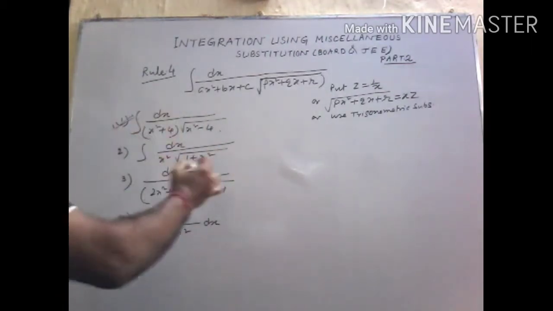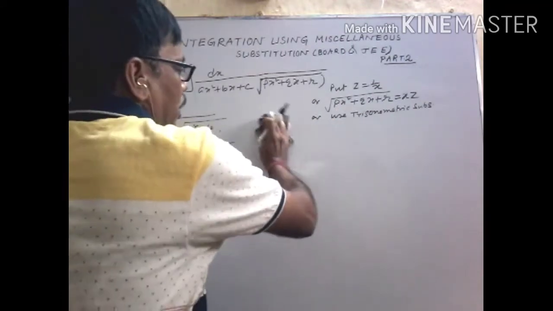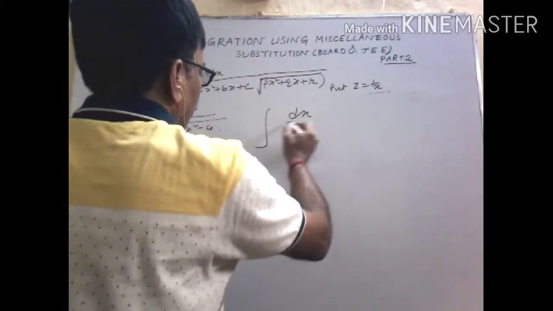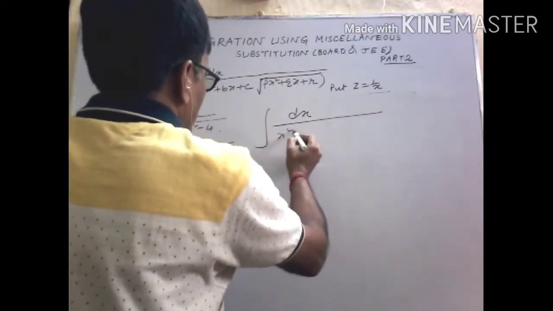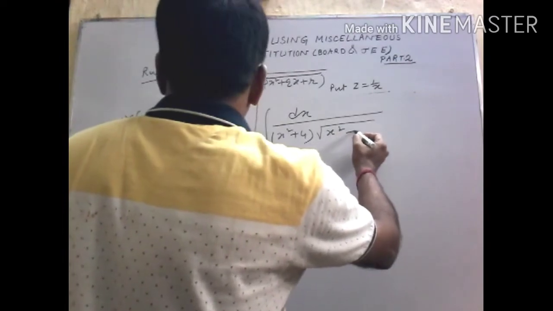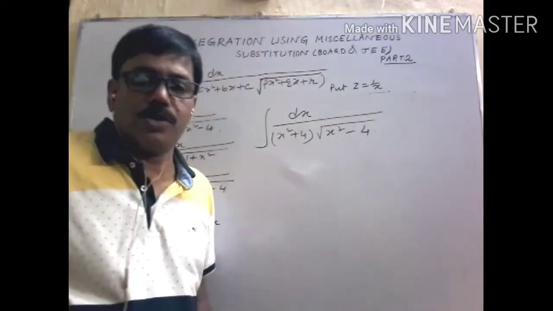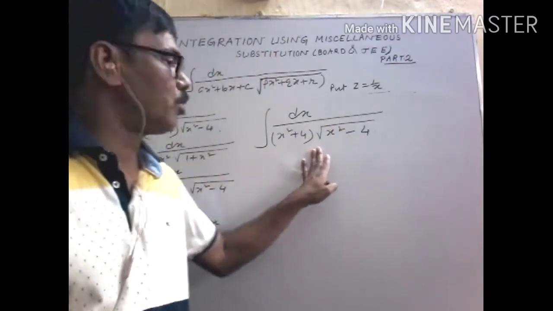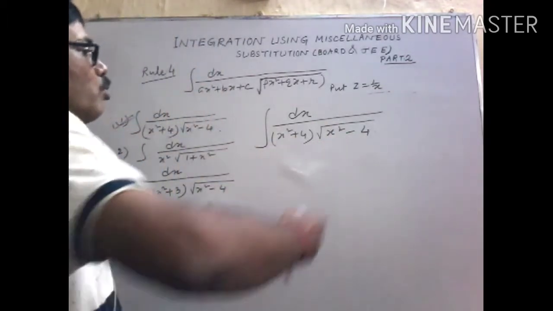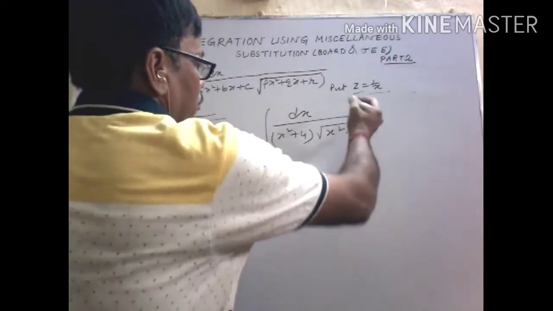Suppose problem number 1: dx by (x square plus 4) into root over (x square minus 4). So using a trigonometric transformation, what is your rule? x equals 2 sec theta. So we use this transformation.